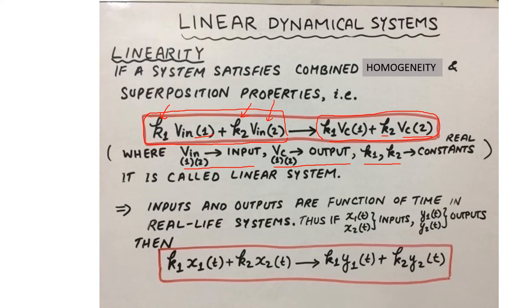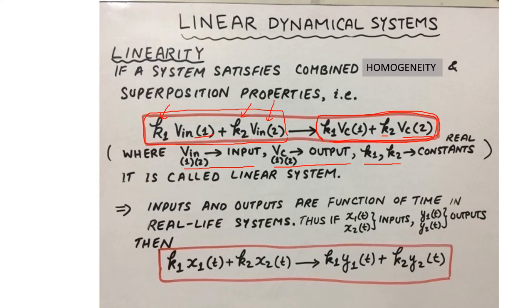In other words, if a system is linear, then the weighted sum of the inputs should give you the weighted sum of the outputs, where the weights should be the same at both the inputs and the outputs.